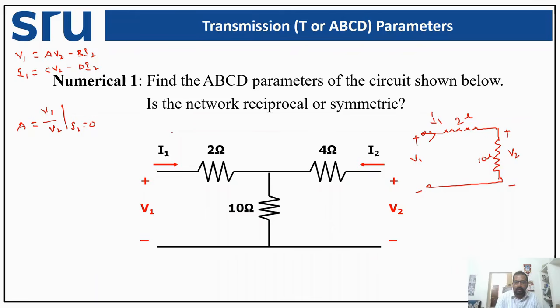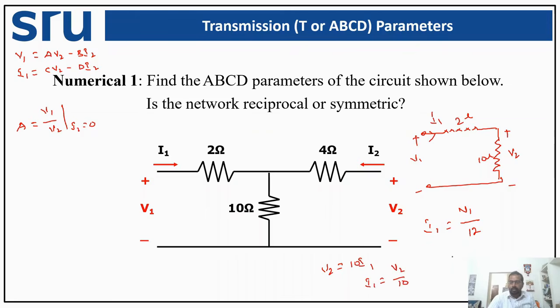If we solve this, we get I1 equal to V1 by 10 plus 2, that is 12. But we know that V2 is equal to 10 into I1, so I1 is equal to V2 by 10.